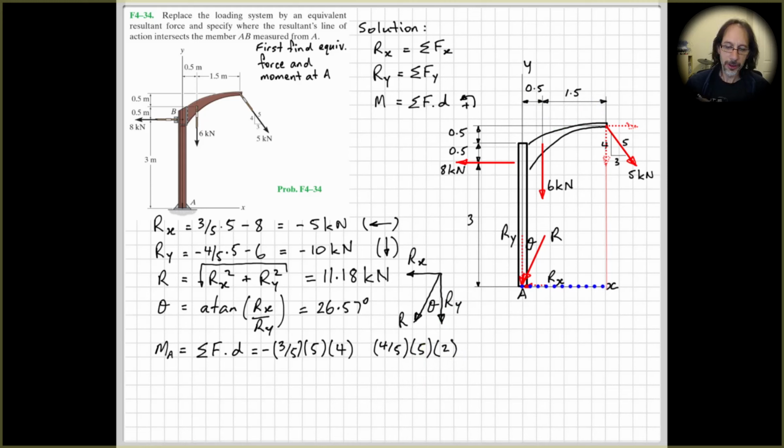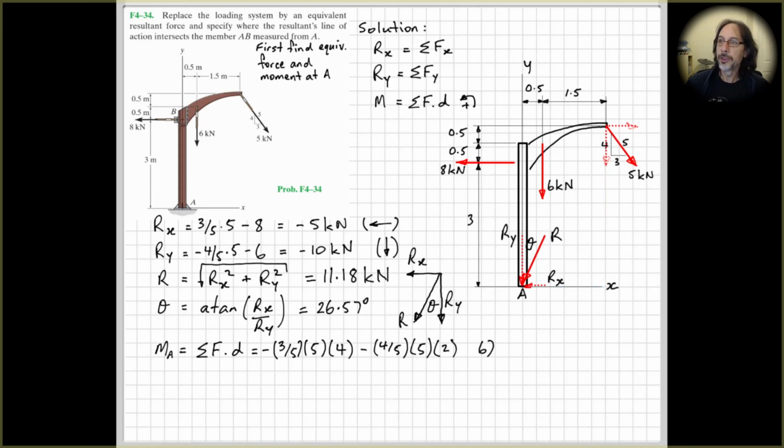And is that going to be clockwise or anti-clockwise? We can see that that's going to tend to rotate clockwise about point A. So therefore we have another negative moment, so we have a negative out the front of this term.